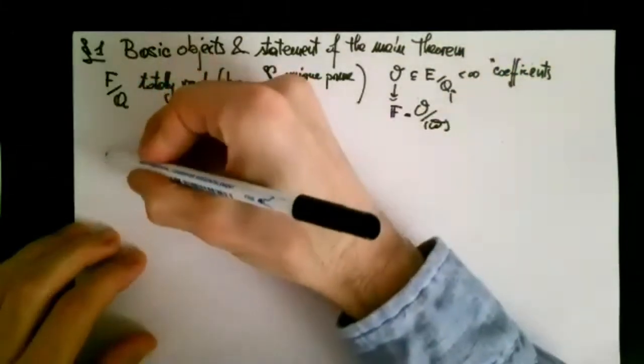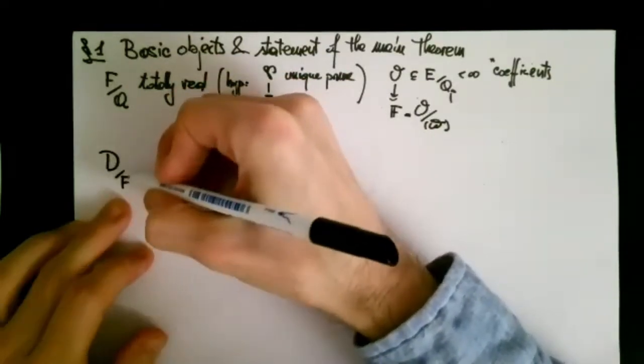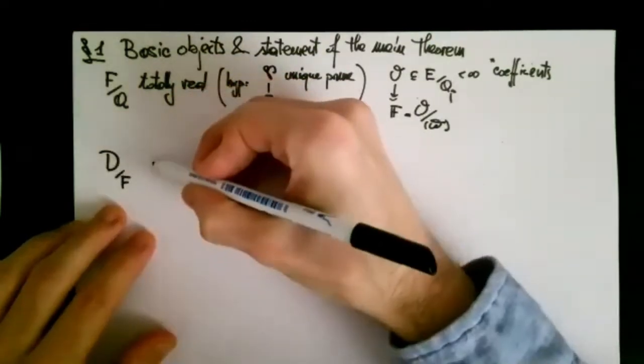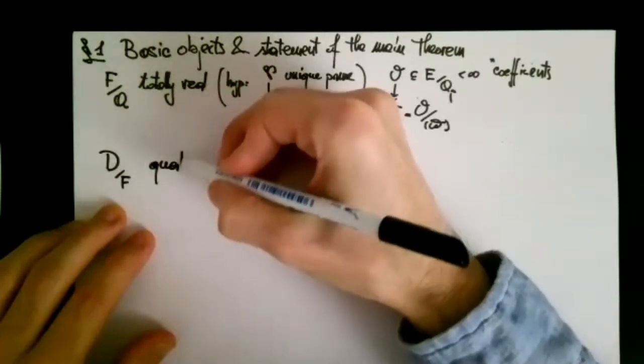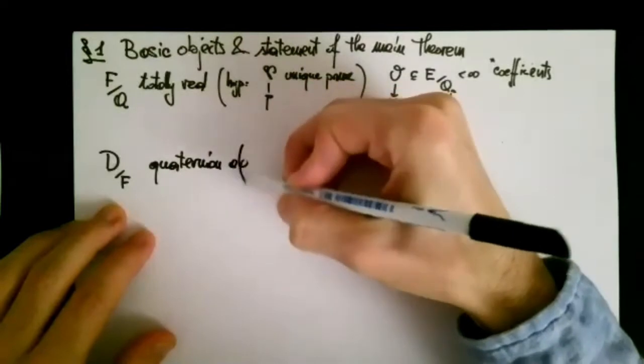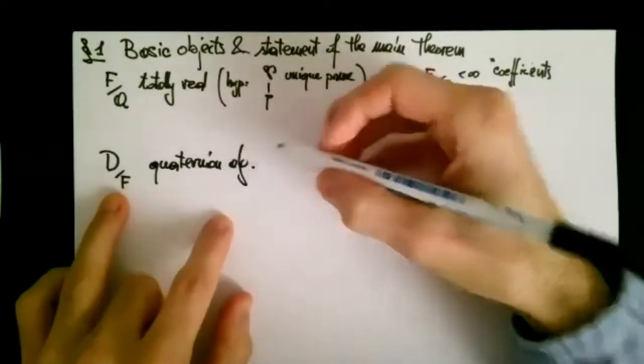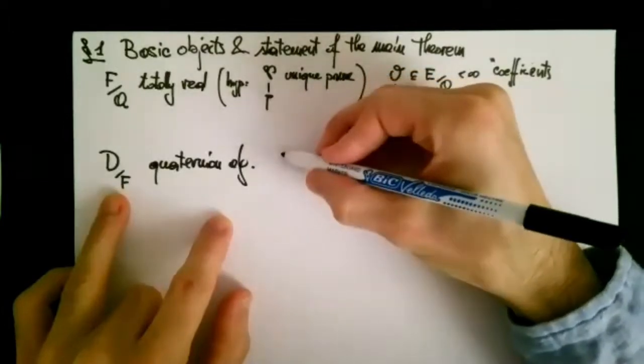I consider now a quaternion algebra D of center F, and we assume that this quaternion algebra splits at exactly one infinite place.